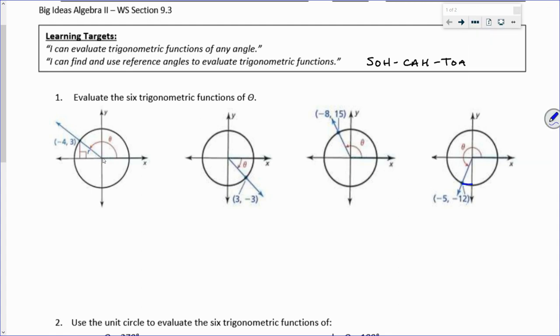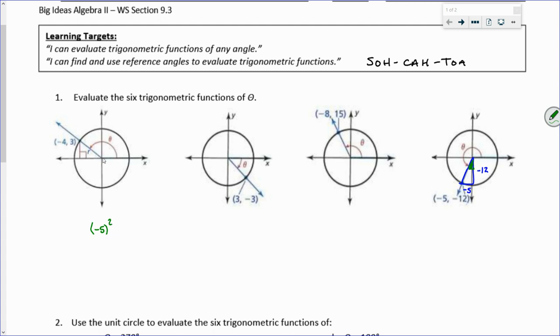So if I complete this triangle that ends up being formed by sigma there, it goes negative 12 down because of the y, and negative 5 back because of the x. Our reference angle, I hope that you can see, is there in green. Let's do some Pythagorean theorem real quick.